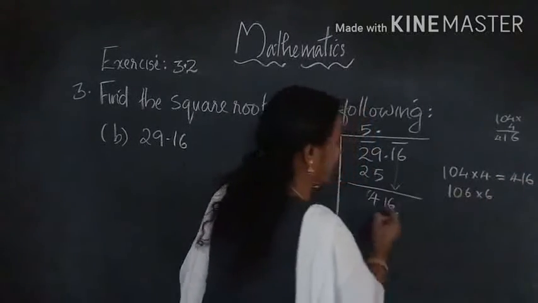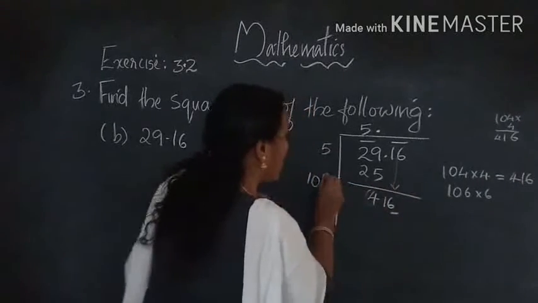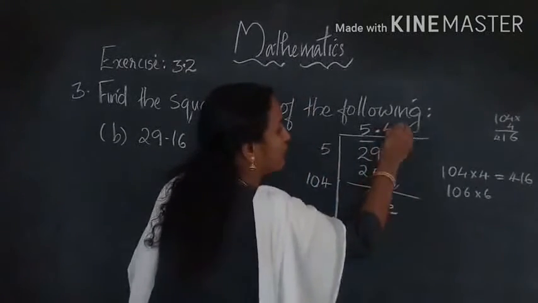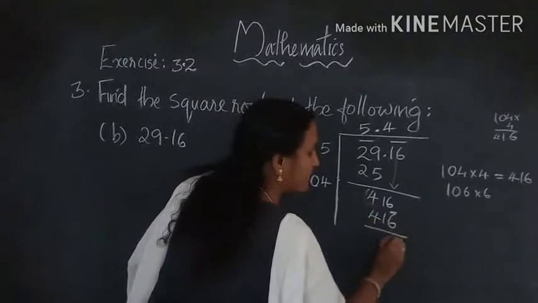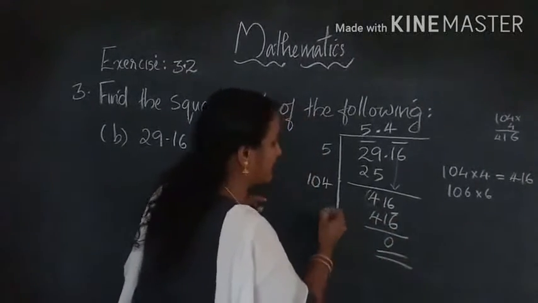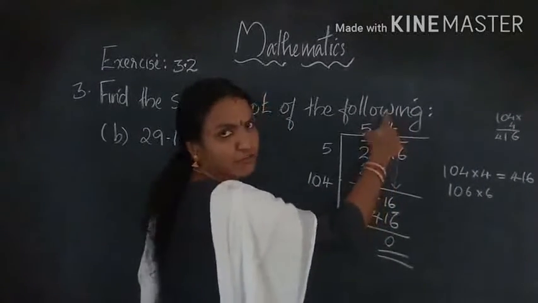We get the required number, 416, as the dividend. So 104 into 4 is 416, so the remainder is 0. The new divisor is 104 and the quotient is 5.4.